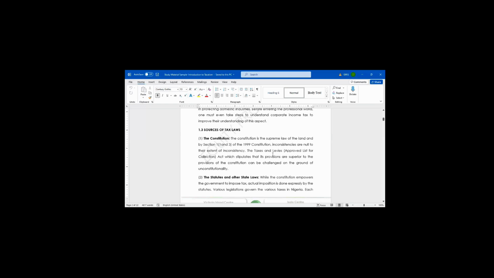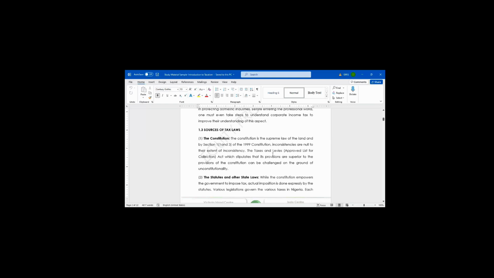The Constitution of 1999 of Nigeria, Section 3 of that, states clearly the approved taxes and levies that can be collected by each tier of government.